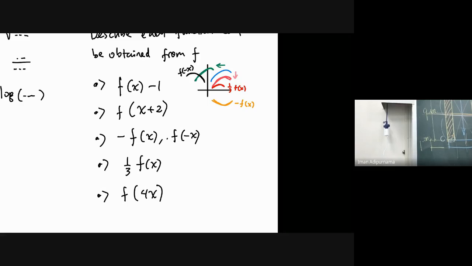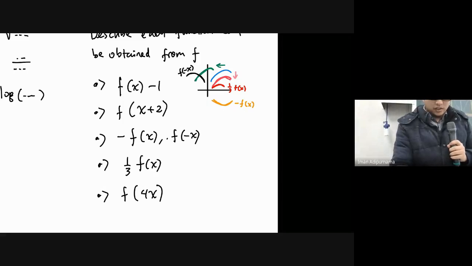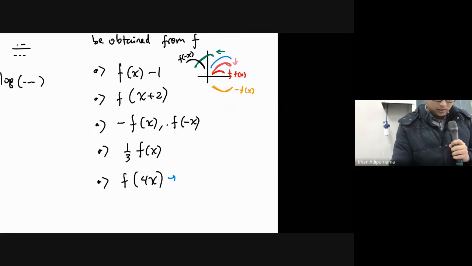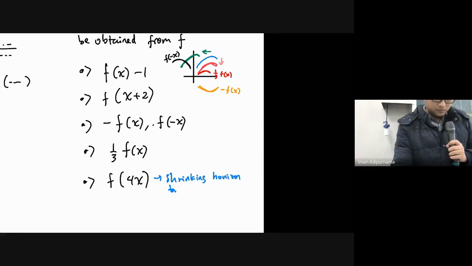Okay, now this is interesting. You can try with any functions you want and see what the graph looks like, but actually this f of 4x, or if you have 3 f of x, has a similar meaning to this, but on a different axis. Okay, so if you have f of 4x, let me write, this is shrinking horizontally by factor 1/4.